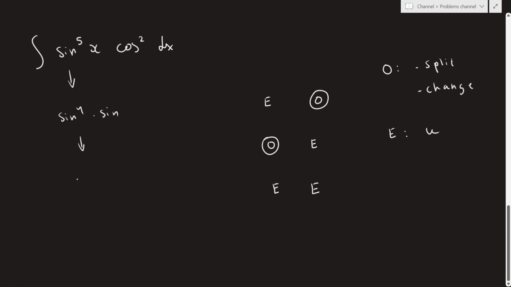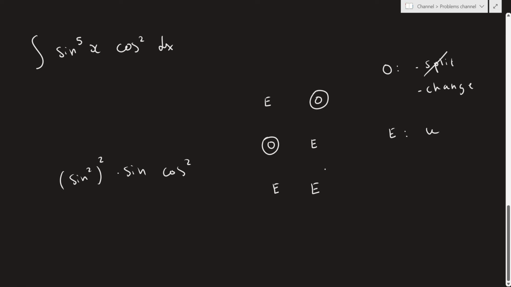Now I want to change sine power 4 to sine squared to the power of the rest. So sine squared power 2 here in this case, because 2 times 2 is 4. And then write back sine and cosine squared. Great. This is what I meant by split. So we're done with splitting.